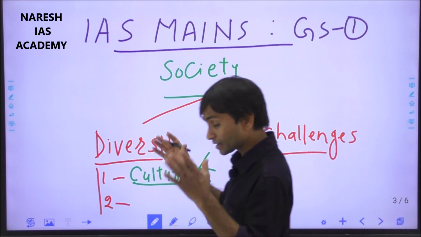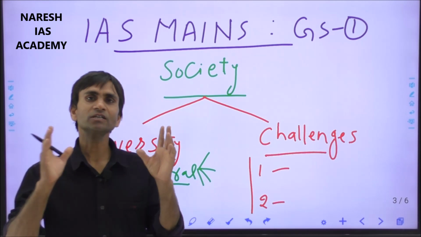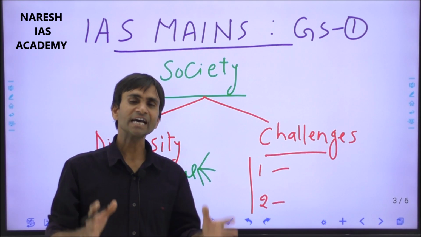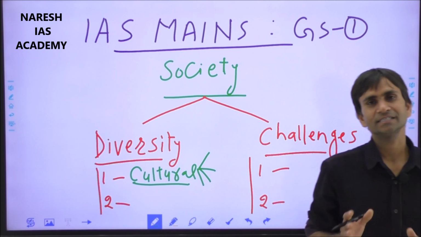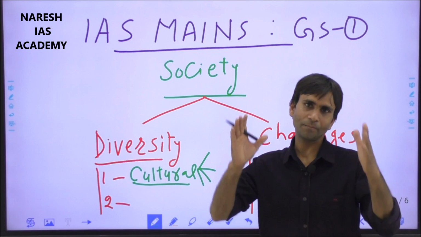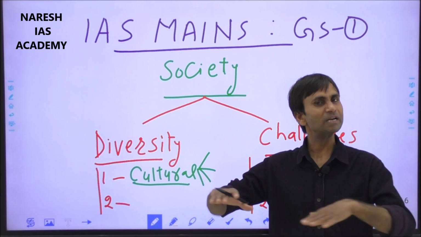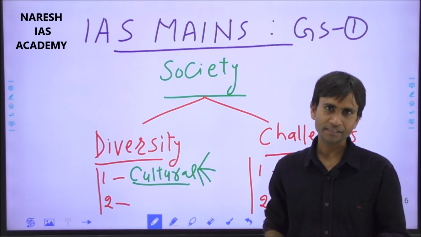Definitely we can trace the spirit of tolerance, love and coexistence. So these are the three basic pillars: coexistence, the spirit of love and tolerance.